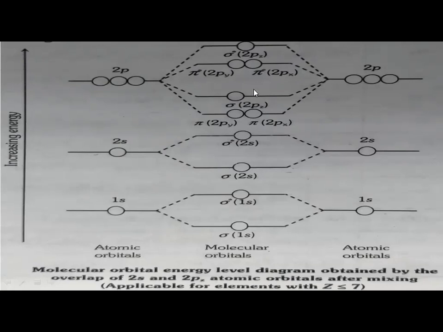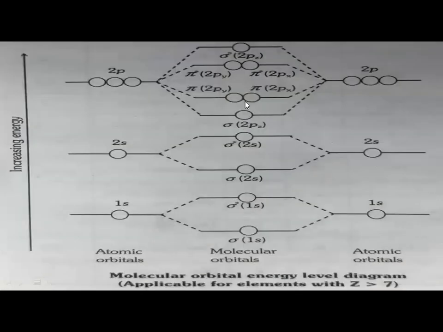So this is the only change we are seeing. If it is less than 7, pi 2px and pi 2py have lower energy, then sigma 2pz. If it is more than 7, sigma 2pz has lower energy than pi 2px and pi 2py. That's it.